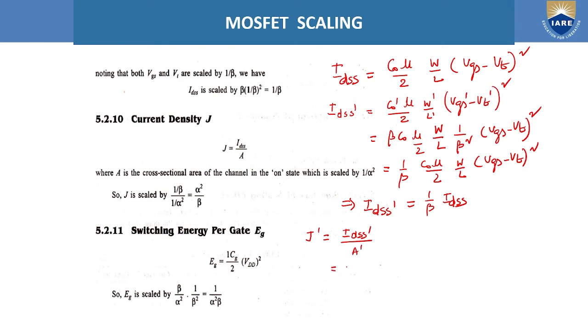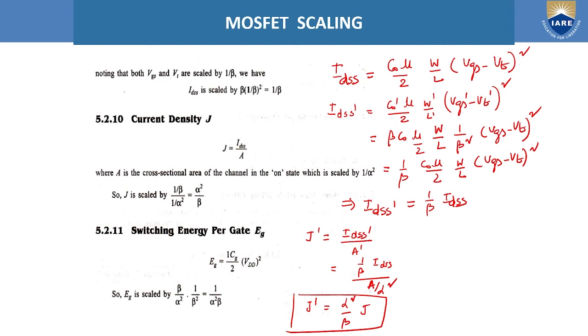Just now we discussed that IDSS is scaled by the factor 1 by beta. So that is IDSS by beta, and the area is reduced by the factor alpha square, A by alpha square. So J dash is equal to alpha square by beta J. So we can say that the current density is scaled by the factor alpha square by beta. Next is the switching. In the same way, you can analyze the other parameters.